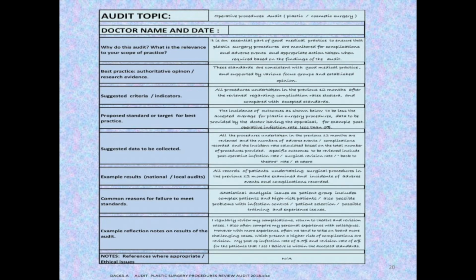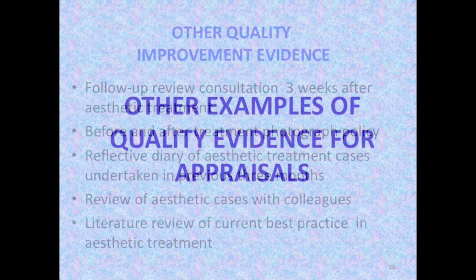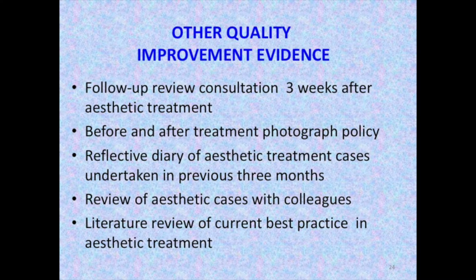When designing an audit template for your aesthetic practice, it is helpful to look at some standard areas. Firstly, you should look at why you are doing the audit and what the relevance is to your scope of practice. Then consider what is best practice. Is there an authoritative opinion or research evidence in relation to the criteria you are looking at?